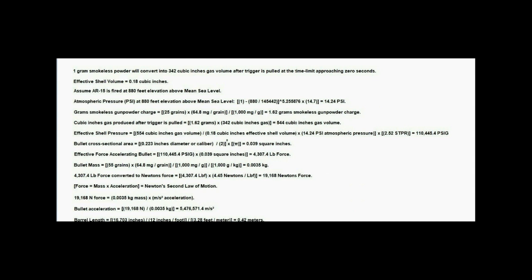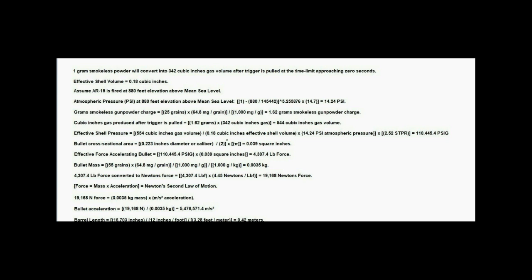So assume we are firing the AR-15 223 at an elevation of 880 feet above mean sea level, which means that the atmospheric pressure will equal 14.24 psi. There are 1.62 grams of smokeless gunpowder in the shell.